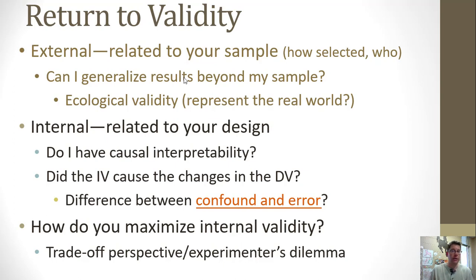After you've run studies to maximize internal validity and show the relationship, then run a couple of studies to maximize external validity. Does that cause and effect relationship work even when we make things more realistic? Okay, so you can't maximize both in one study, but you can maximize both across multiple studies.